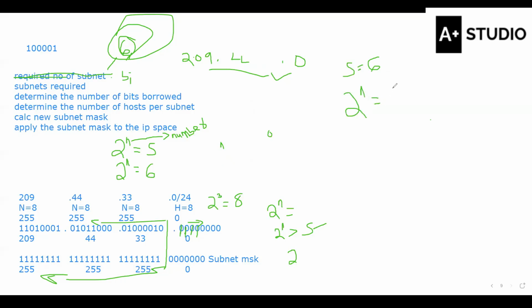subnet, okay? The N, sorry, subnet, that is X. The N we have here is a number of bits borrowed from the host portion, okay?